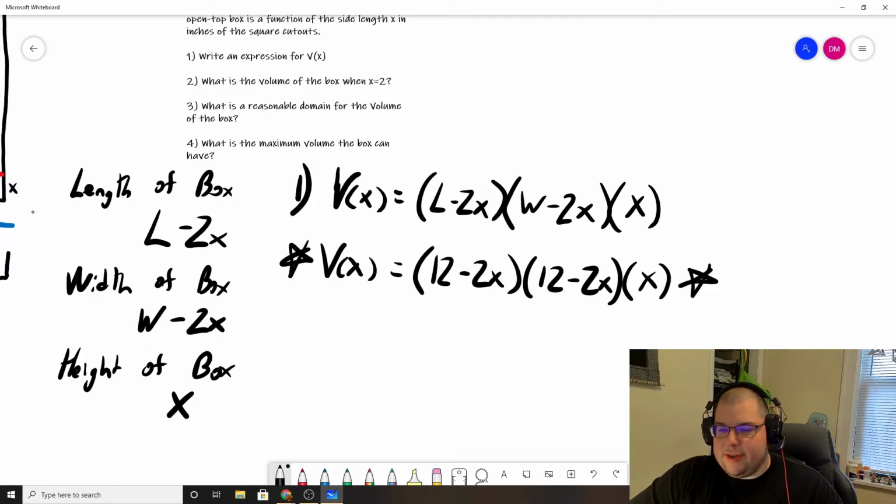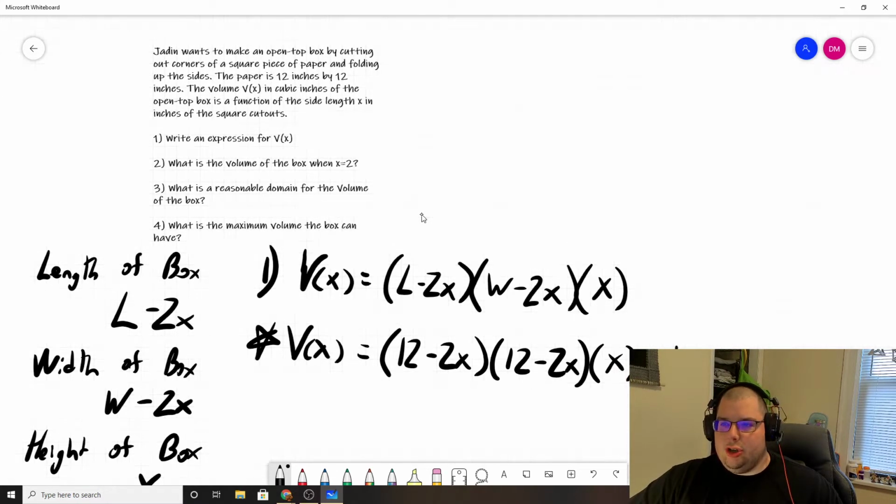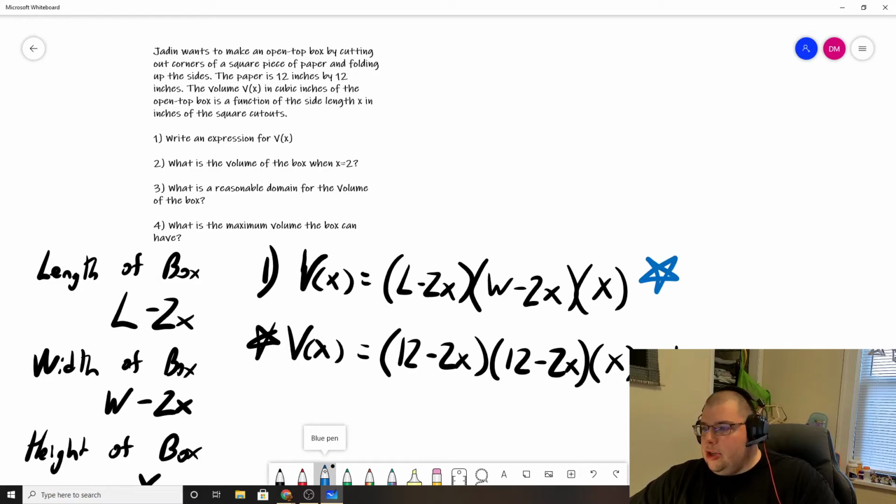So there it is. Now, we could pause here for this original problem, or if you're working on a different problem, I can show you real quick how we can keep this original formula, and all you need to do is trade out the L and the W for your length of piece of paper.